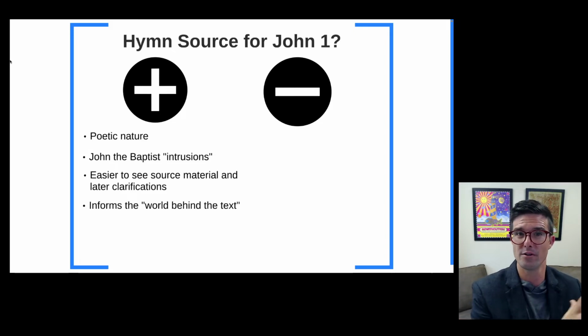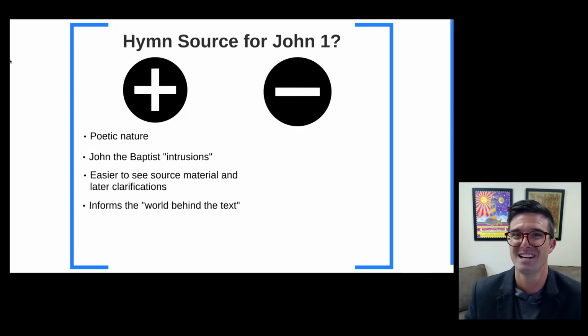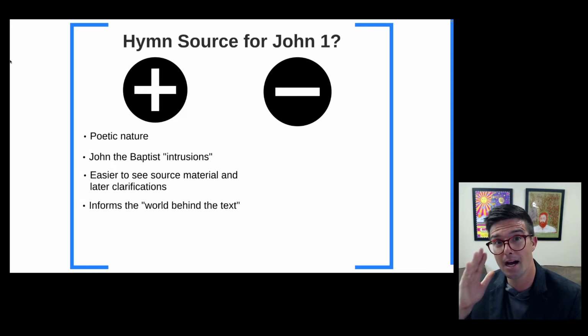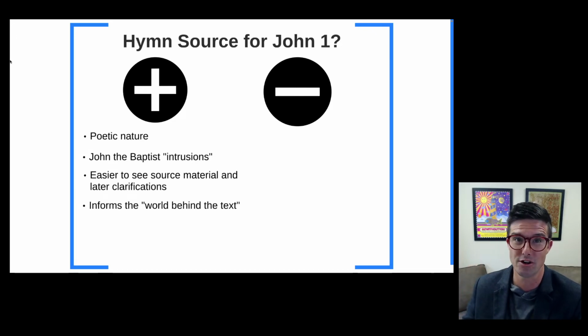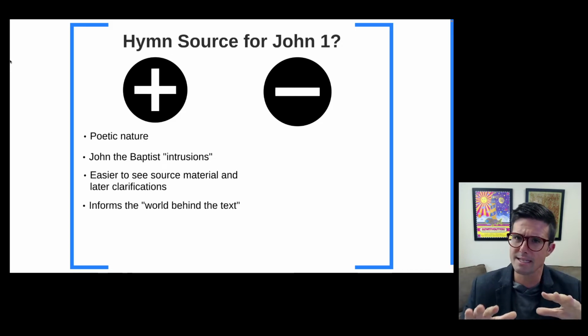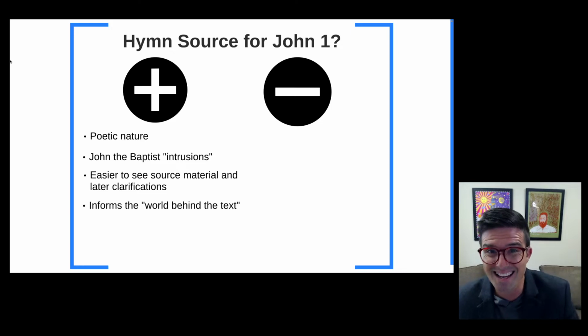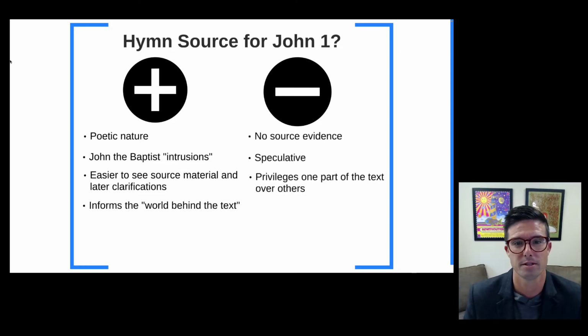He can say that this original hymn was used as devotion to Jesus, and then later on there seemed to be maybe some conflict with or some questions about John the Baptist's authority, and at a later point in time someone really wanted to make sure that Jesus was propped up above John the Baptist. So you can really see how the world behind the text might be working its way into the text itself with this approach.